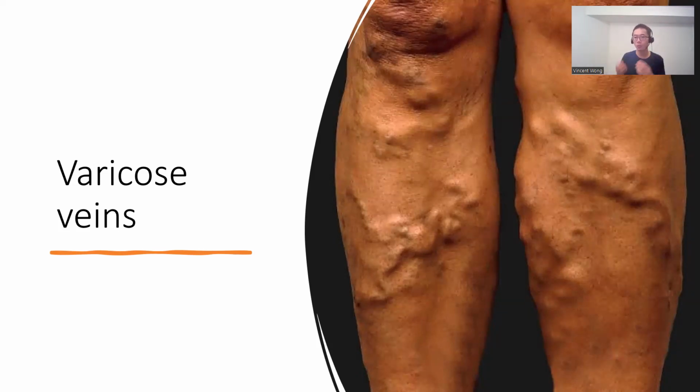Even when you're walking and the blood is trying to go up, that extra pressure from the baby is pressing down. My wife couldn't fit in any of her shoes anymore in the third trimester, and she was getting these bulgy veins in the legs. So sometimes pregnancy can cause this to be a temporary situation.